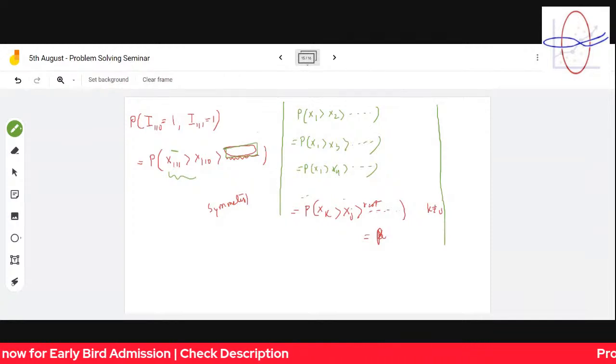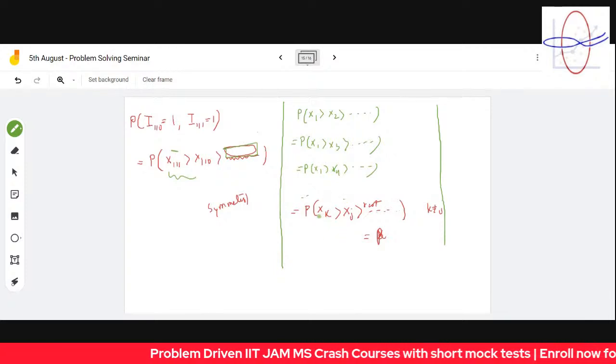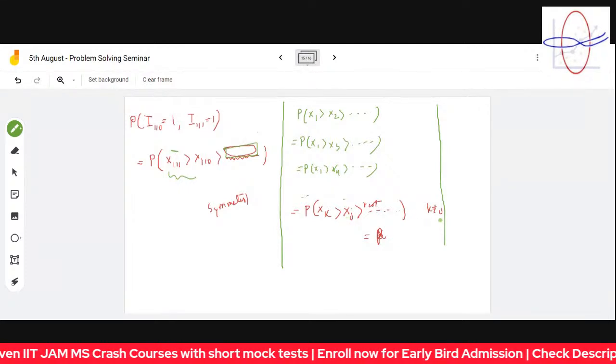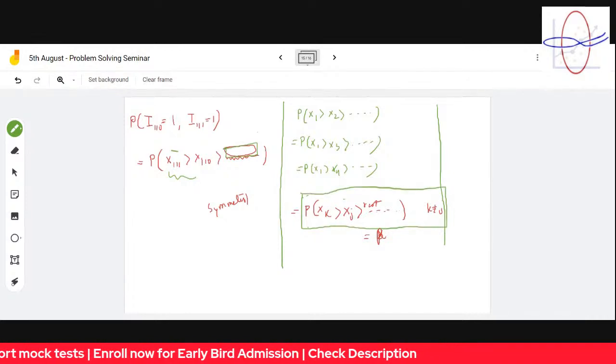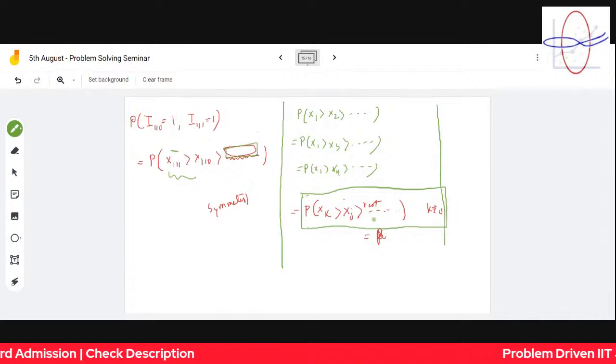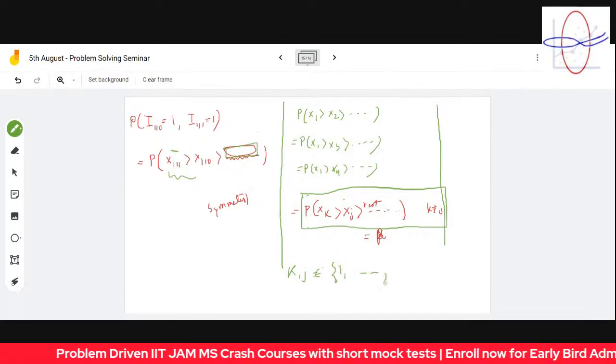Explain why. We are taking any xk and any xj, so that k is not equal to j, all the possible such cases. We are taking any xk and any xj, not j minus 1. There is no j minus 1. k and j belong to 1 to the order 111.